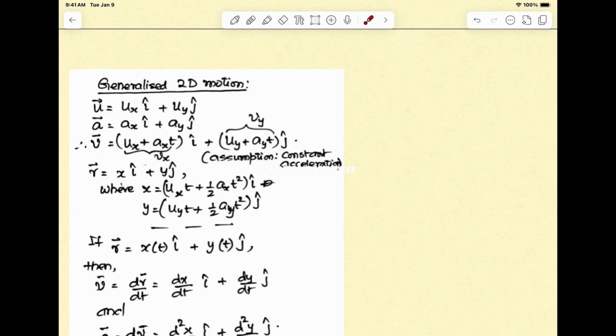Therefore, what is the generalized procedure for, number one, calculating velocity after any time t, as well as the position vector, that is the xy coordinate, after any time t? That particular method we should be able to understand now. That is going to be our next aspect.